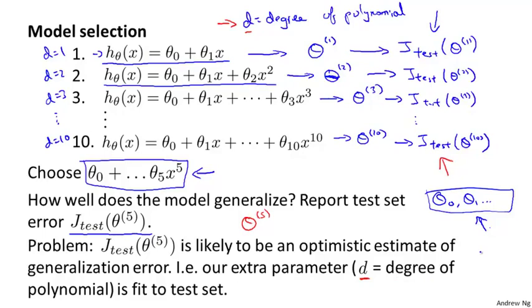And in the procedure I just described, we did the same thing. Specifically, we fit this parameter d to the test set, and by having fit the parameter to the test set, the performance of the hypothesis on that test set may not be a fair estimate of how well the hypothesis is likely to do on examples we haven't seen before.